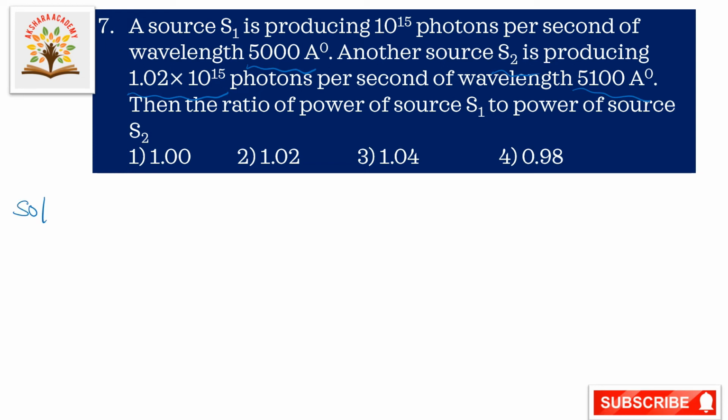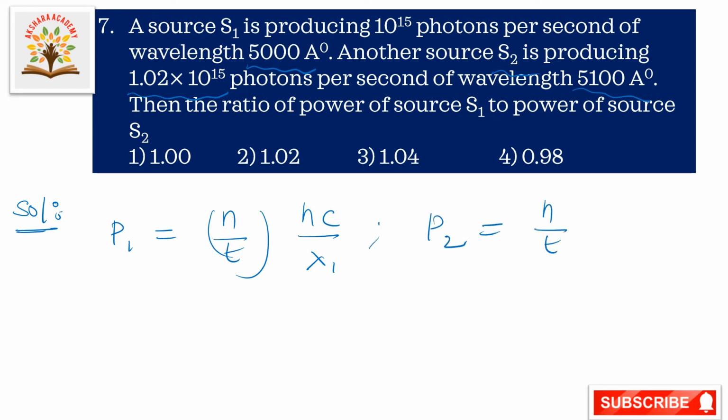Now let us go to the solution. P1 is equal to N by T of hc by lambda 1, and P2 is equal to N by T of hc by lambda 2, where this is the first source and this is the second source.